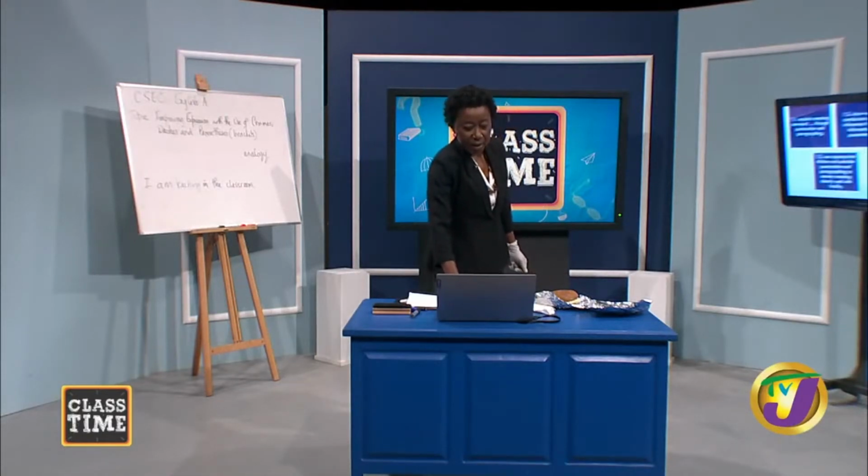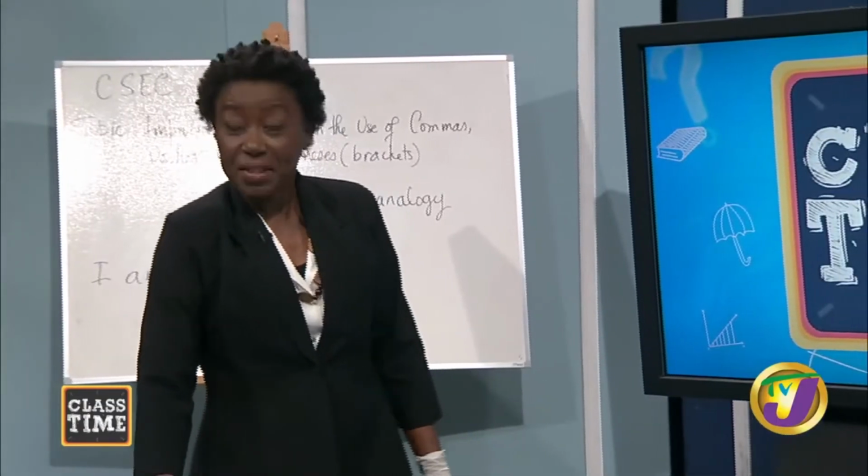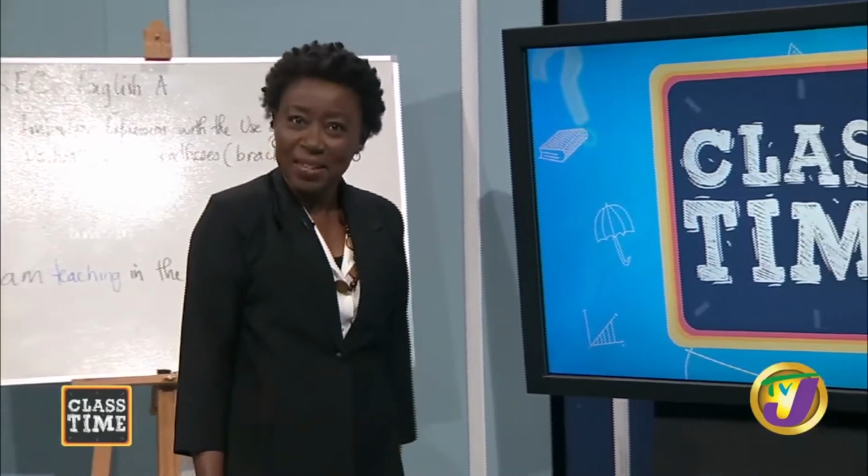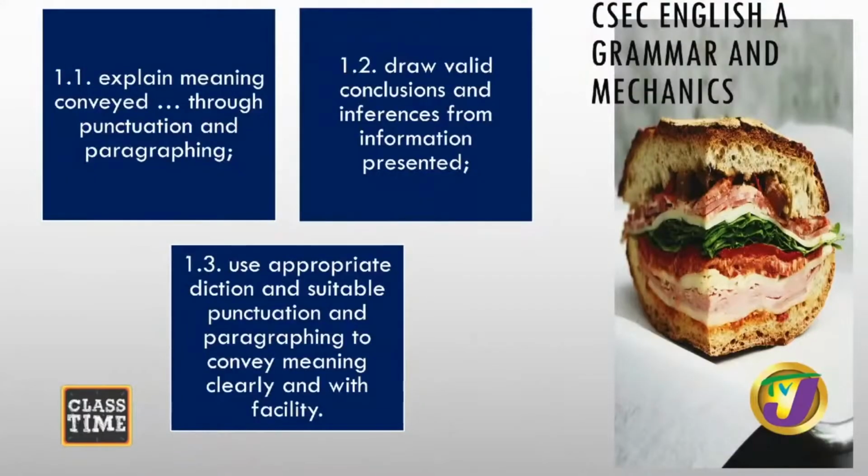Now, let us look at our CSEC English A copyrighted objectives for this lesson. We are seeking to explain meaning conveyed through punctuation and paragraphing. We want to draw valid conclusions and inferences from information presented.